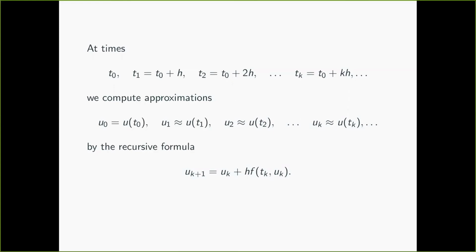And generally, uk is going to be an approximation of u at time tk. And we find these approximations uk using this recursive formula that we have found on the previous slide, namely u(k+1), which is an approximation of u at time t(k+1), is defined as uk plus h times f at time tk, uk.